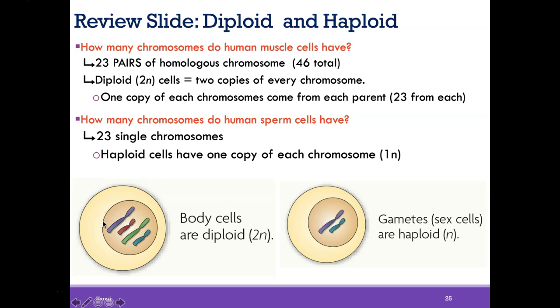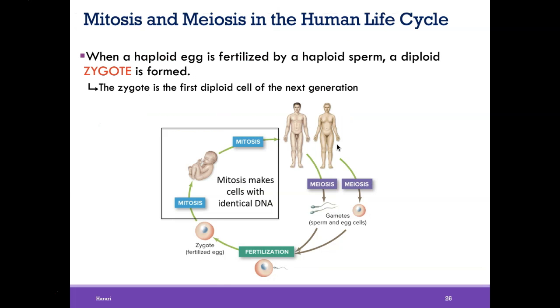Body cells, like a hair cell or an eye cell, have 2 copies of every chromosome. There are some muscle cells that have multiple nuclei, so that's an exception, but I'm just trying to simplify it here. So diploid cells have 46 chromosomes. Haploid cells have 23.